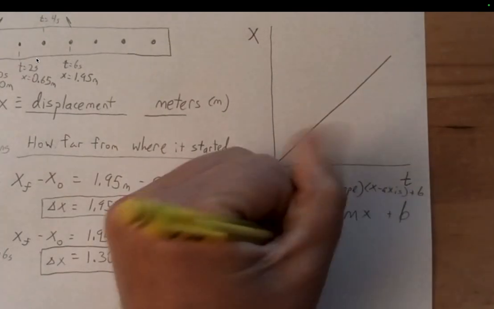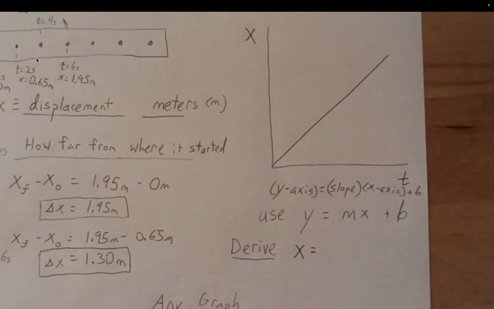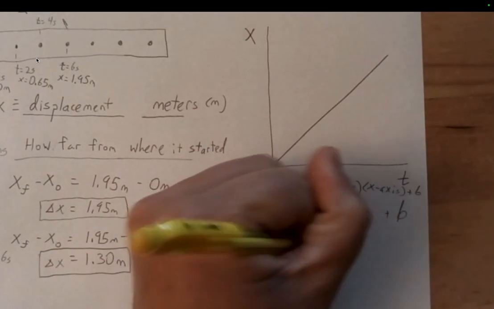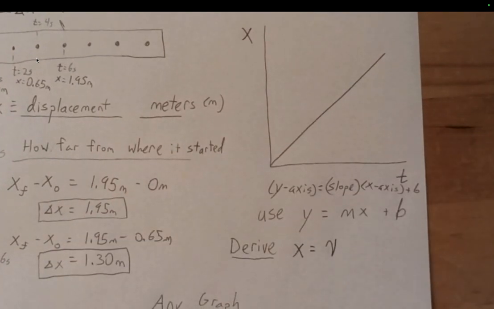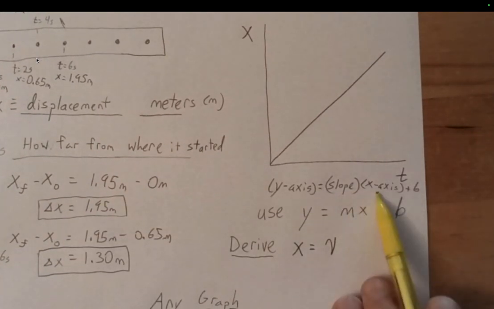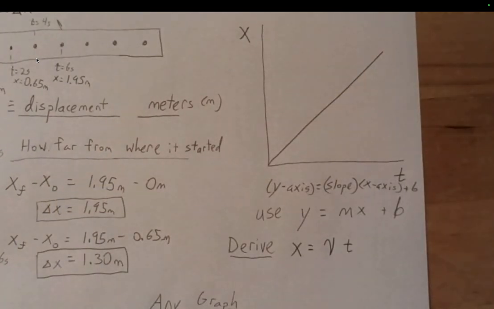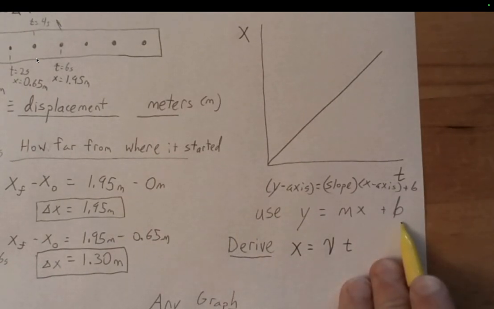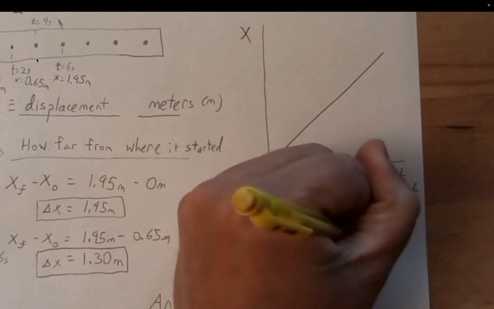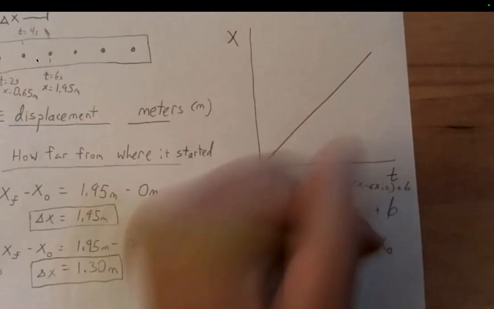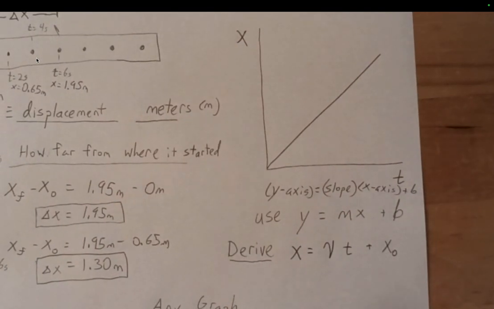And then it's going to equal the slope, and the slope of this is going to be that velocity, v. And on the x-axis, that's this time t. And then we're going to add in this y-intercept, and that is, once again, that initial position. So we can derive this equation, x equals v times t plus x naught.